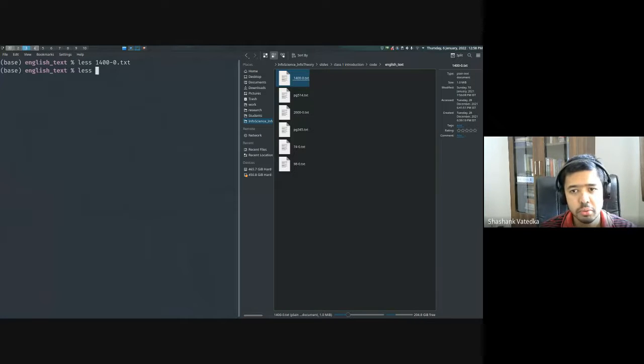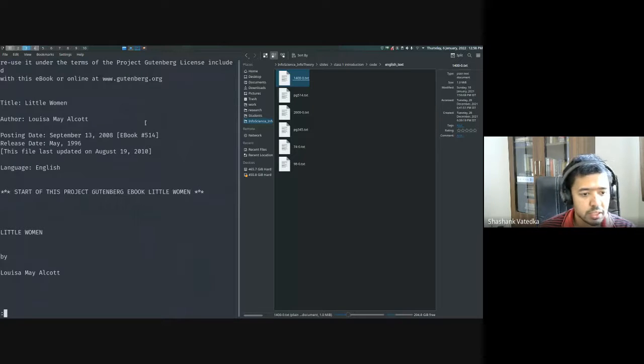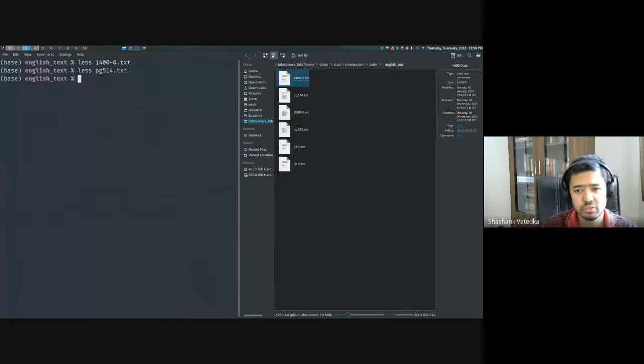The second book turns out to be Little Women by Louisa May Alcott. Similarly, I have a bunch of classic books. They're all of different file sizes. One is 1 megabyte, the second one is 3.2 megabytes, 862 kilobytes, and so on.